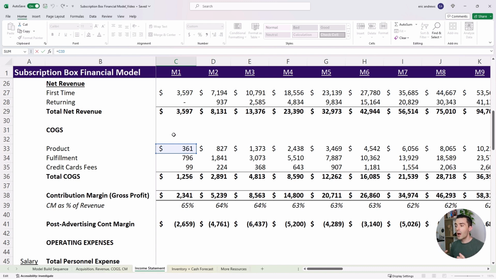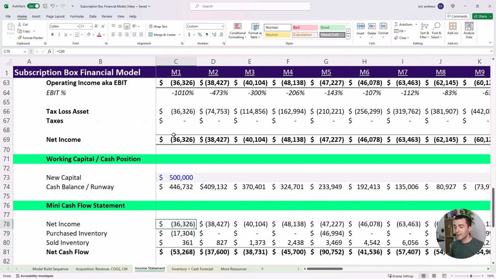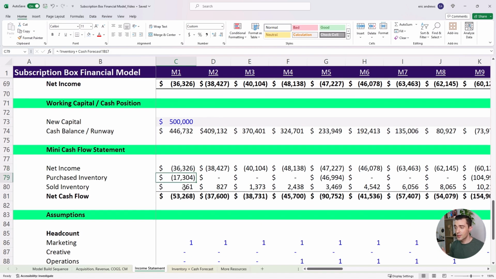Now, the reason why is because that's actually not cash going out. Once we have the inventory, it doesn't cost me $7 if I sell it to you tomorrow because I already bought it yesterday. So that's actually cash in from a cash flow statement standpoint. So I take my net income, I back out all the inventory purchased, and then I add back all the inventory that I sold, the cost of it.